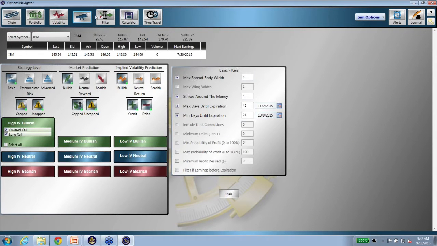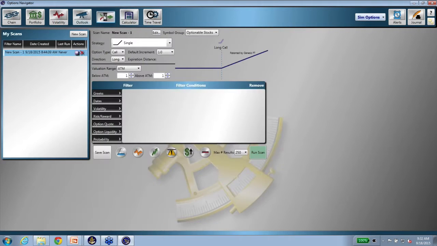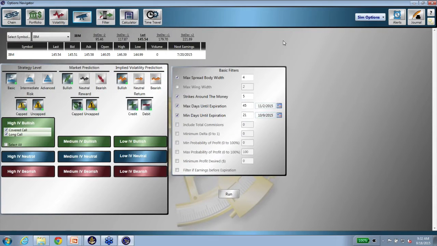So there are two different ways to filter. There's something called the outlook, and then there's something called the filter. Now the outlook is, I just want to look at IBM, and with the way volatility is set up, the underlying price, the way options are priced, all the different things that you can look at, maybe I like certain types of strategies.